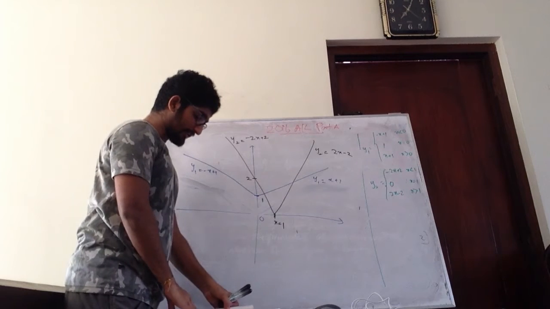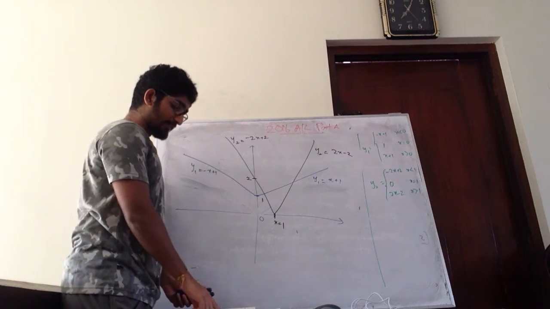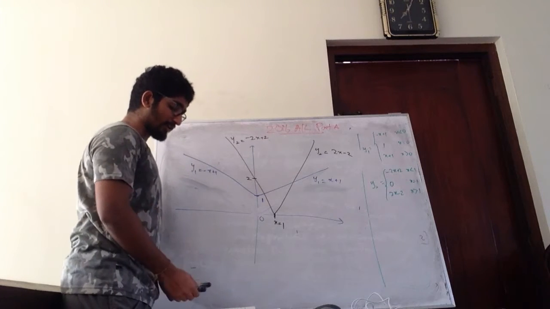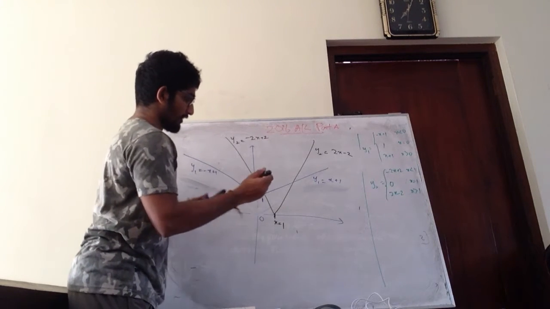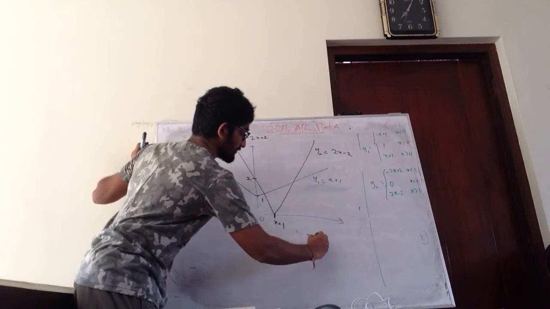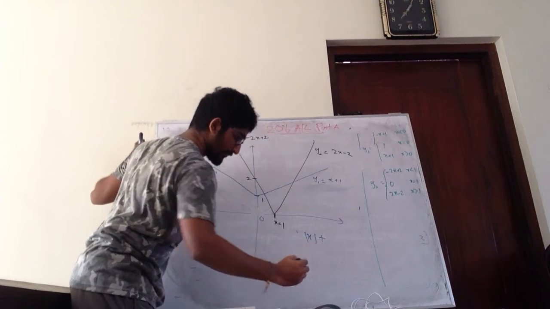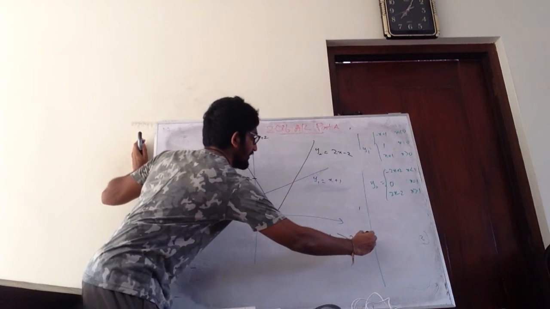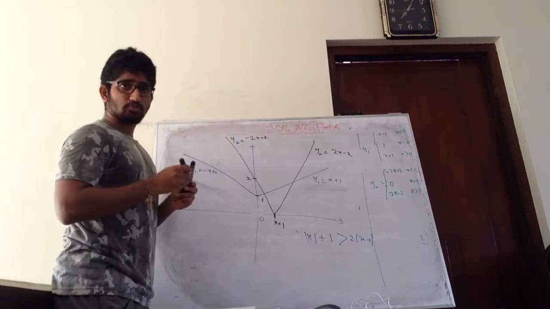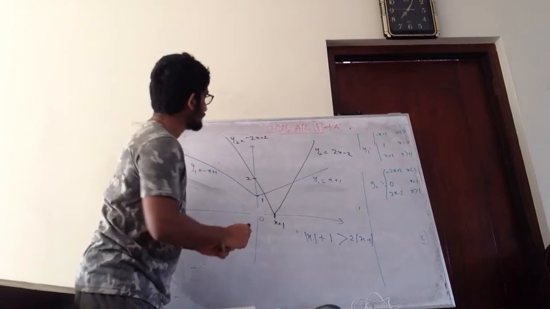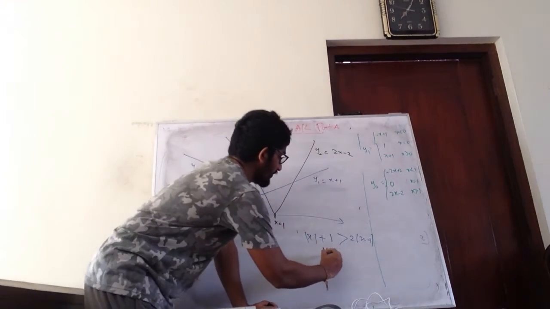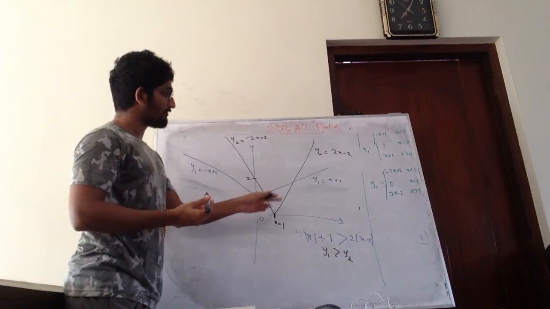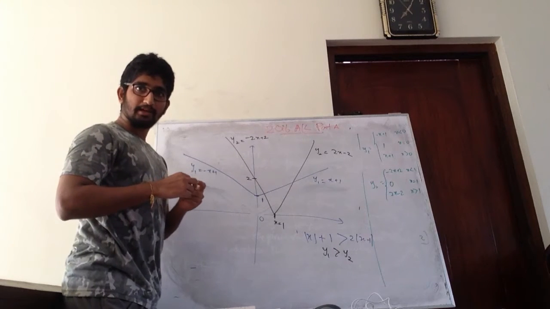So what are they asking next? Then they are asking, hence or otherwise, find all real values of x satisfying the inequality x plus 1 is greater than 2x minus 1. So what is this now? This is basically y1, y2. So they are asking the range where y1 is greater than y2. Correct, no?